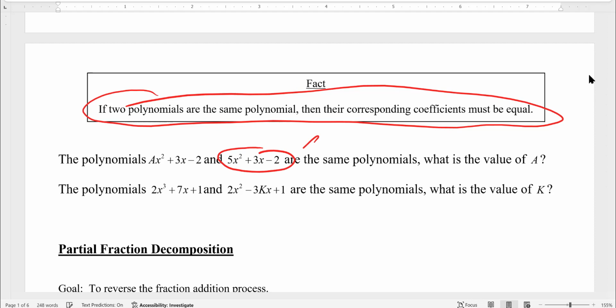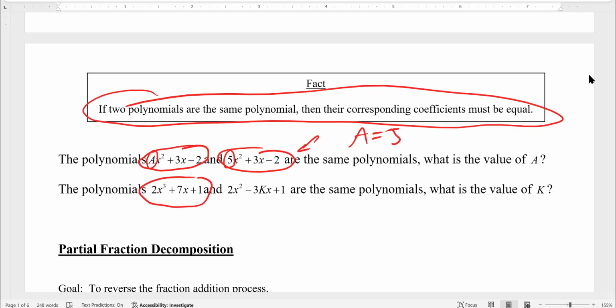One person wrote this down, and the other person wrote this down, and these polynomials are supposed to be exactly the same. Well, if they're exactly the same, and if the coefficient of x squared is 5, then a here must be 5, because it's the coefficient of x squared. So we can determine that a is 5.